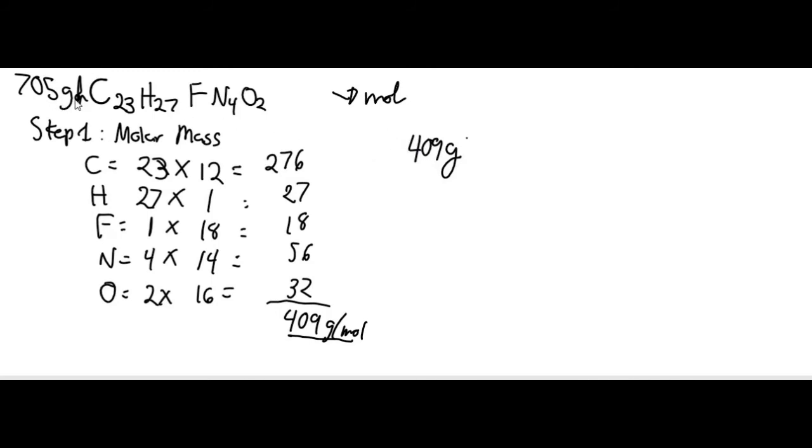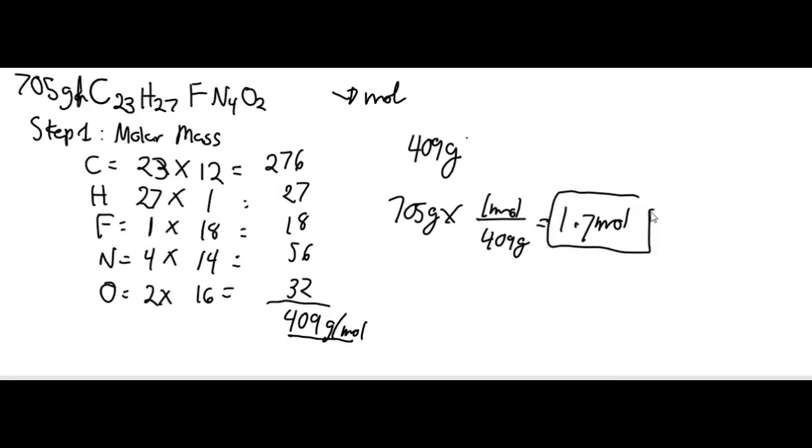So we want to find the moles. 705 grams times 1 mole divided by 409 grams is equal to 705 divided by 409. So we have 1.7 moles. That would be our final answer.